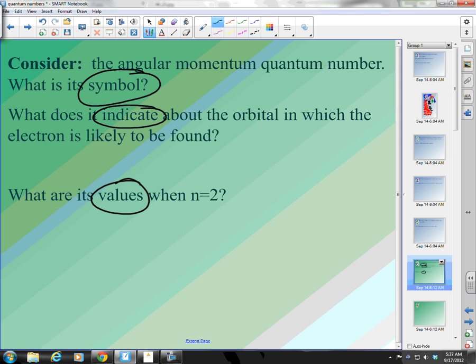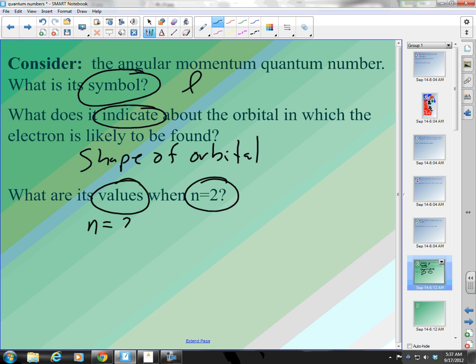Let's go see. What is the symbol? We know the symbol. The symbol is L. What does this indicate about the orbital? This tells us the shape of the orbital, the shape of that most likely location where an electron is to be found. And what are its values for n equals 2? We just did that.